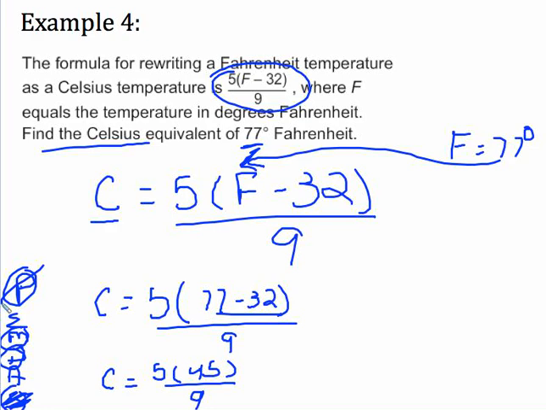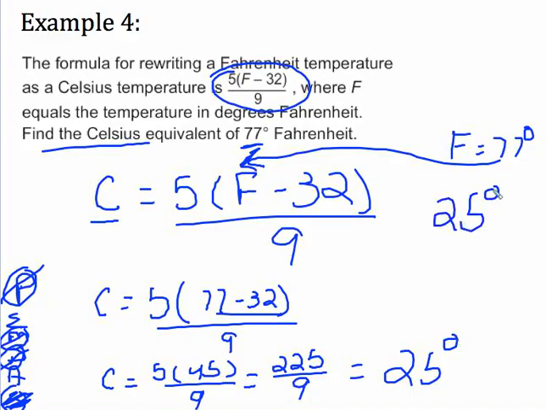So I have completed my parentheses. Now let me multiply. 5 times 45 is 225. And 225 divided by 9 is 25 degrees. So 25 degrees Celsius is the same thing as 77 degrees Fahrenheit. A nice warm day would be considered 25 degrees Celsius.